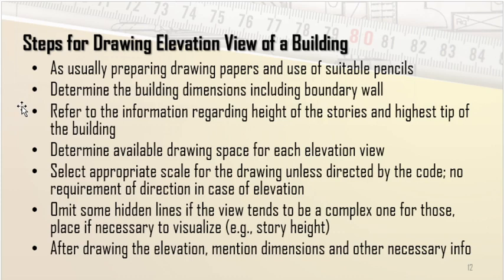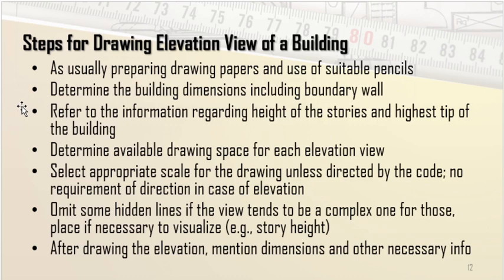Okay, then omit any hidden lines. As you all know, from our orthographic perspective, in the object drawing we have seen there must be some hidden lines which you cannot see from the outside, but that lie within the object and on the other side of the object. Those lines should be shown using hidden lines. But in building drawing, as this is a complex one, we might omit some of the hidden lines if our purpose is being hampered.